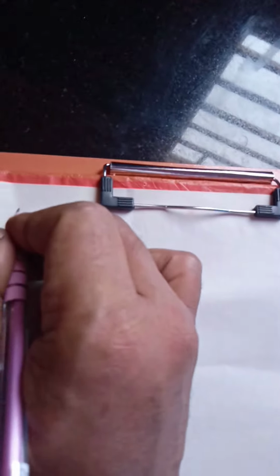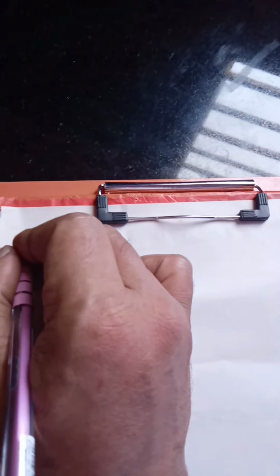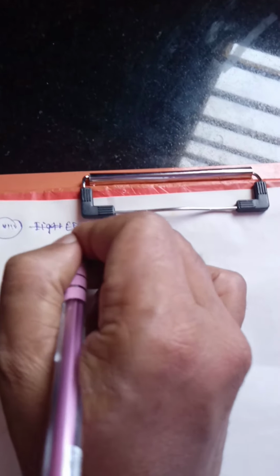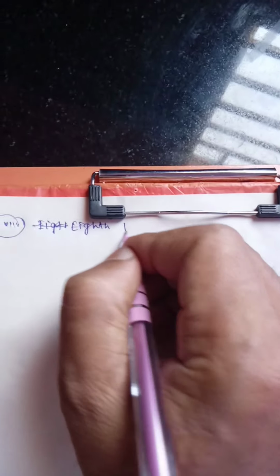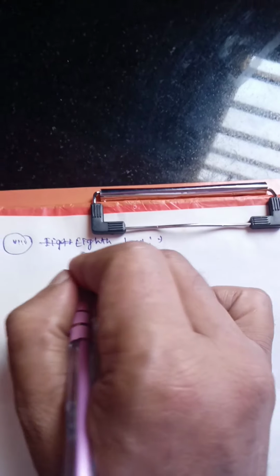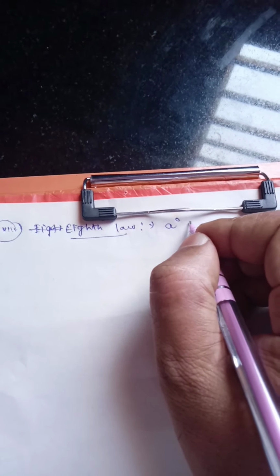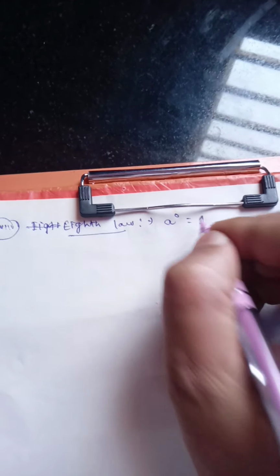Now the eighth law of indices. If a raised to power 0, then it is equal to 1.